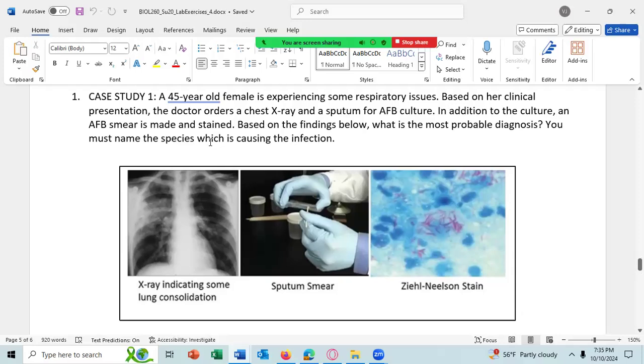Remember, a scientific name is a genus name and the species specific name. So give me the species name. Okay, any question about that? If you give me the disease, I will mark it partly wrong because you're not answering the question.